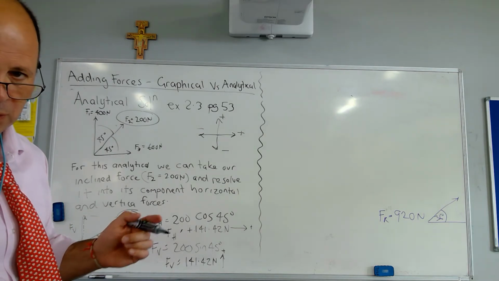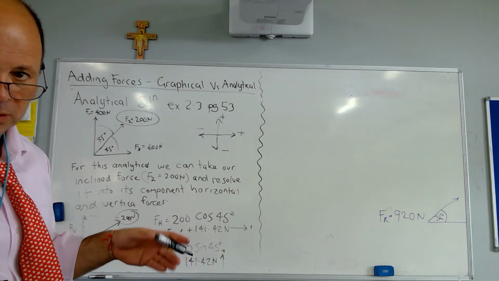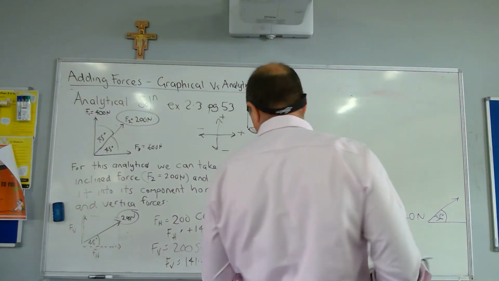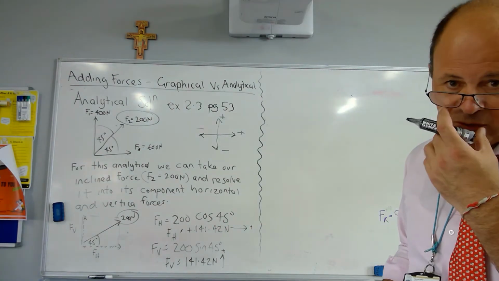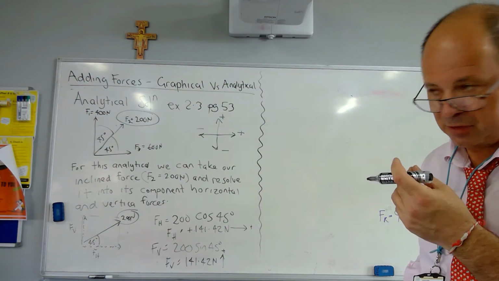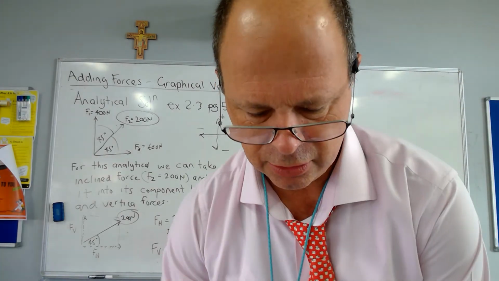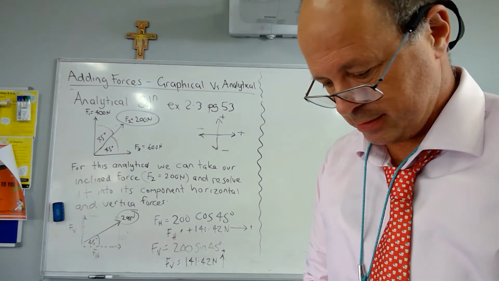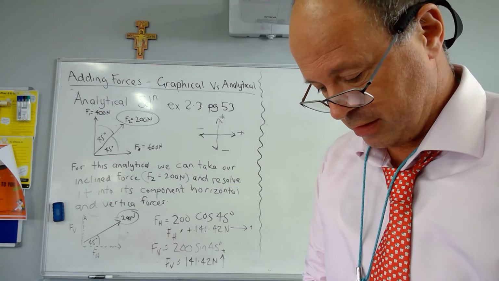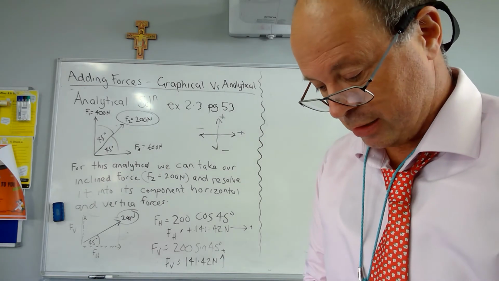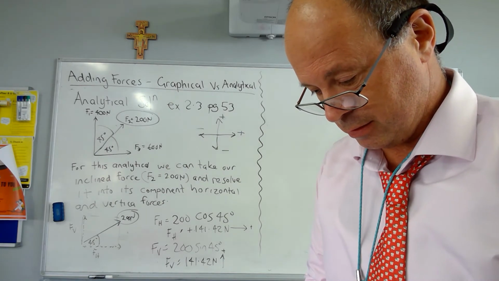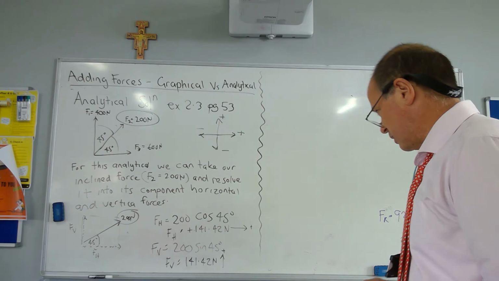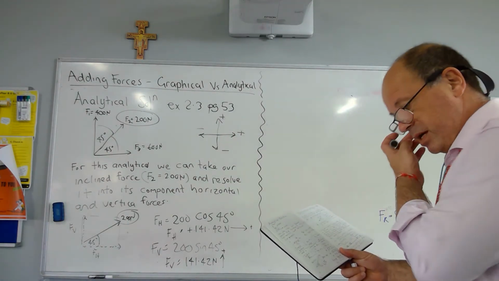If you think about sine and cos graphs, sine 45 and cos 45 are the same. Sine 45 is 0.707, and cos 45 is also 0.707. That's why. It's always good, if you get an answer that's the same, to think about why it's the same, in case you made a mistake.